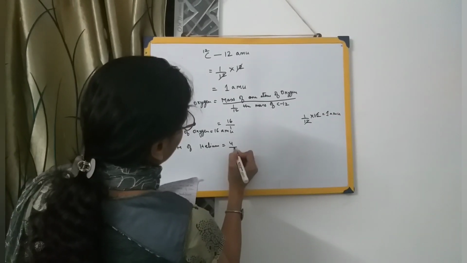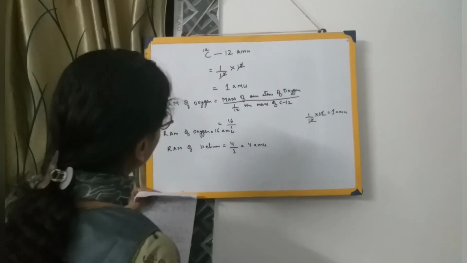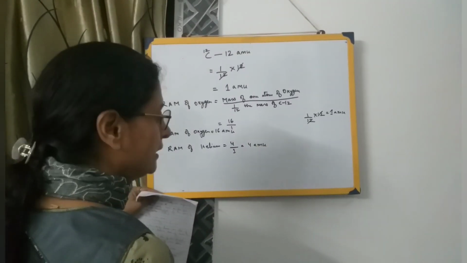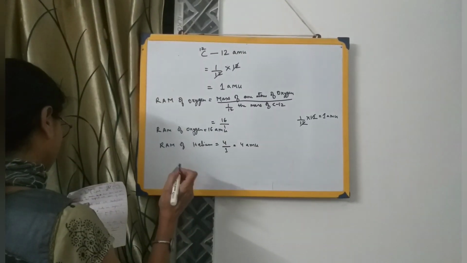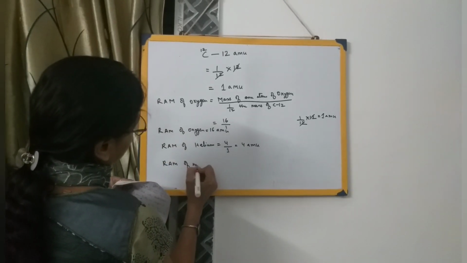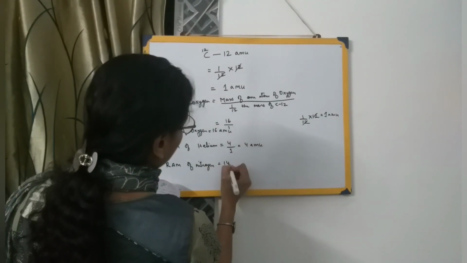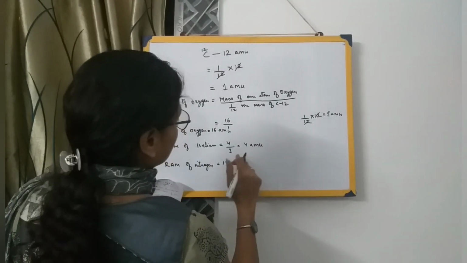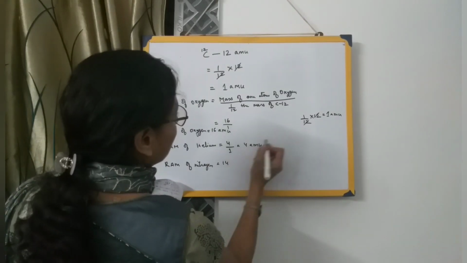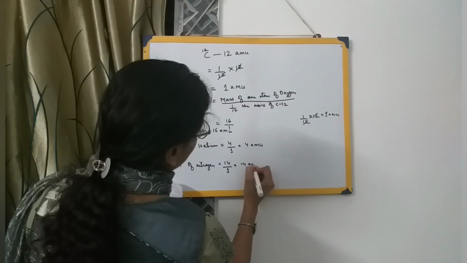So 4 by 1, that is going to be 4 AMU. That is the relative atomic mass of helium. Then let's consider relative atomic mass of nitrogen. That is 14, and we divide by this 1, so this will be 14 AMU.